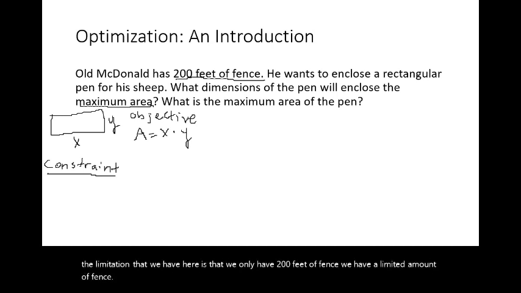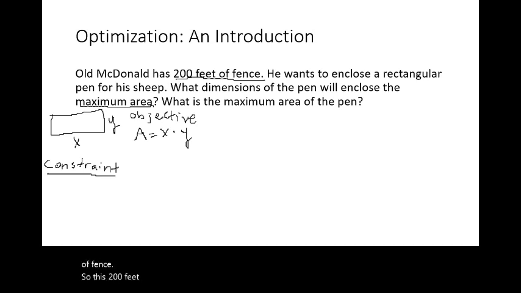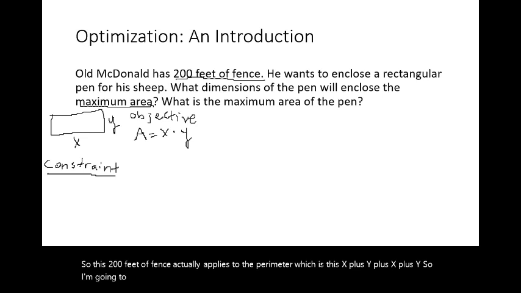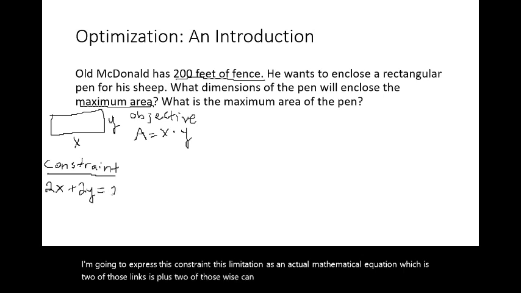So this 200 feet of fence actually applies to the perimeter, which is this x plus y plus x plus y. So I'm going to express this constraint, this limitation, as an actual mathematical equation, which is 2 of those length x's plus 2 of those y's is equal to 200.